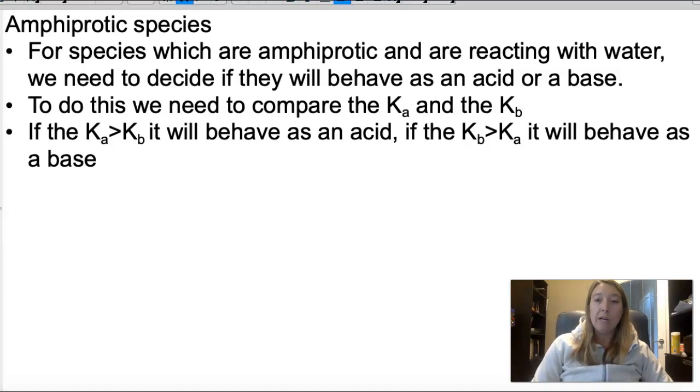So I would have to figure out what's the Ka for it, and then I would have to calculate what's the Kb for it. And then basically I'm going to compare them. If I find that the Ka is greater than the Kb, that means its acidic properties are stronger and it's going to behave as an acid. If I find, on the other hand, that the Kb is bigger than the Ka, then that means its basic properties are stronger and it's going to behave as a base.